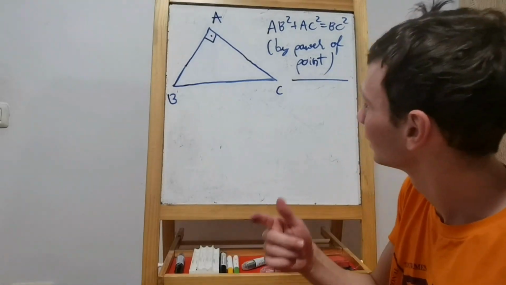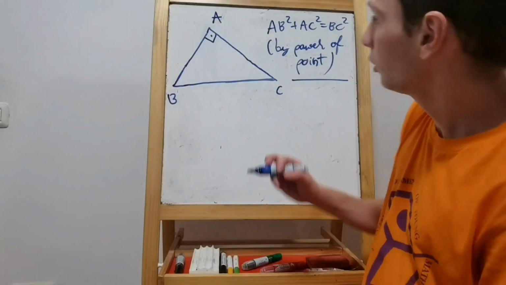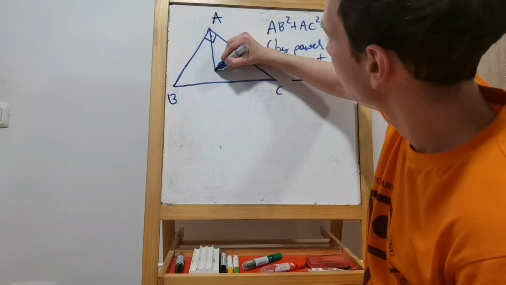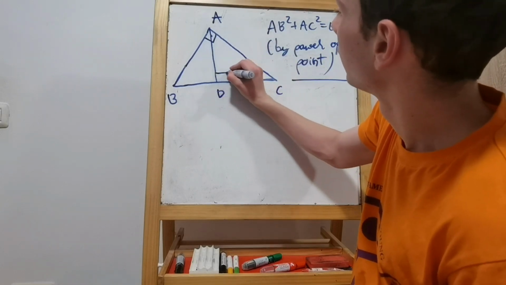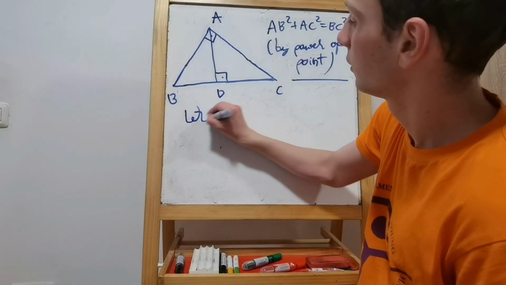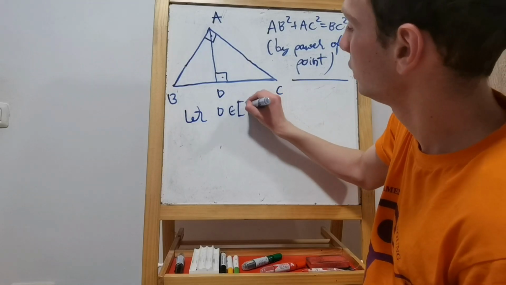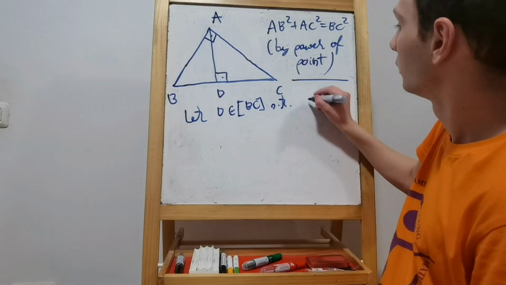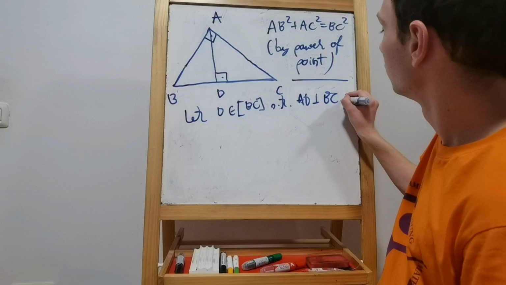So here's the ideal construction. We draw the perpendicular from A to BC and let it be D, like this. So let D be on segment BC such that AD is perpendicular to BC.